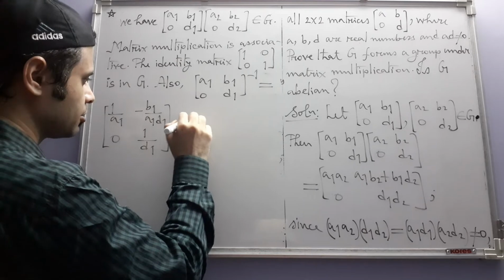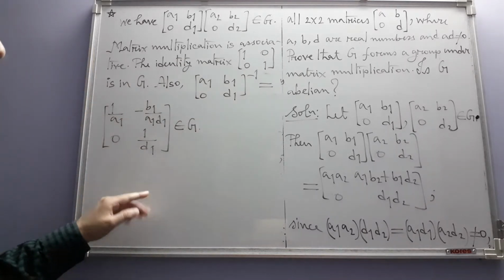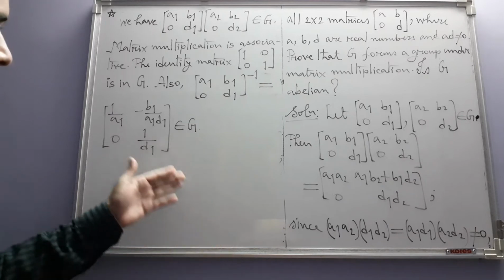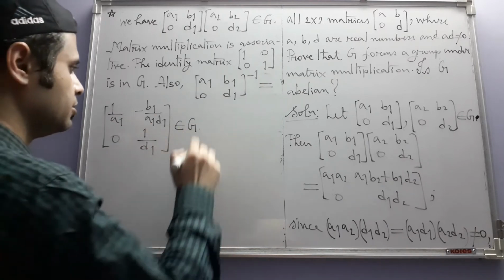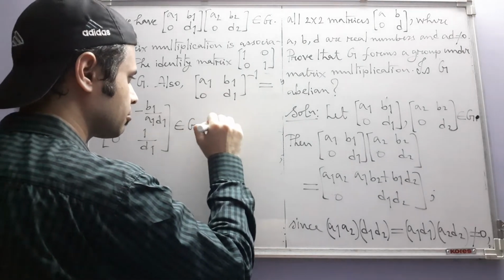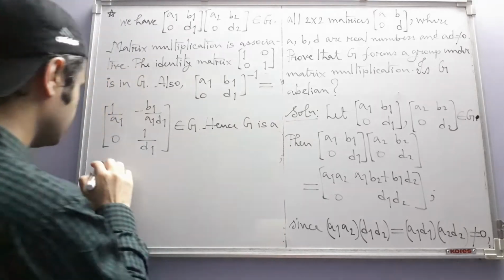This also belongs to G, because here the determinant is 1 by A1 D1. A1 D1 is non-zero, so 1 by A1 D1 is also non-zero, so this belongs to G. Hence, G is a group.